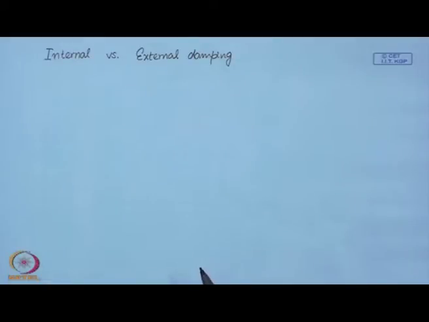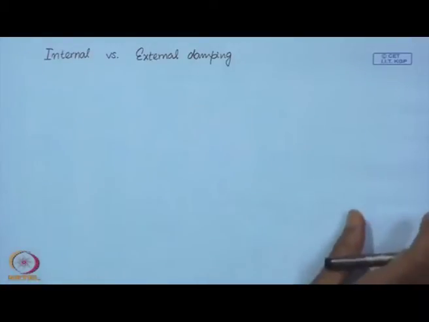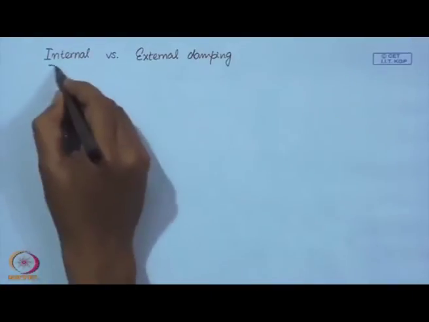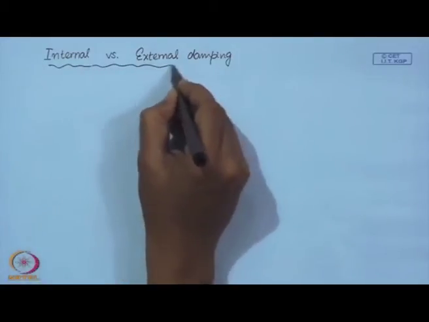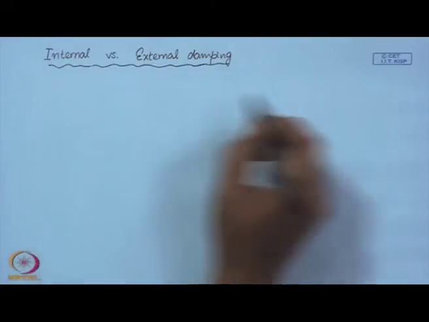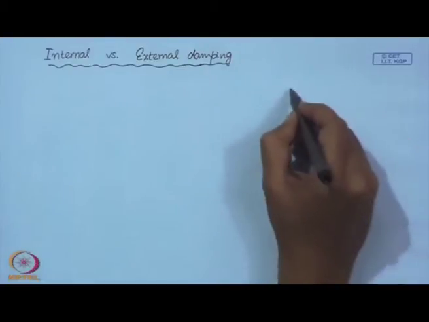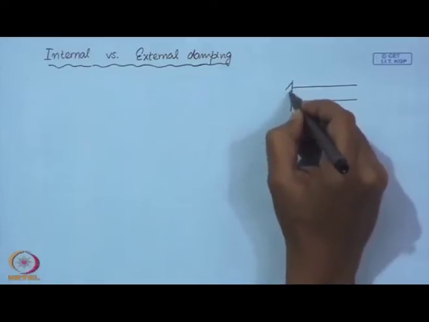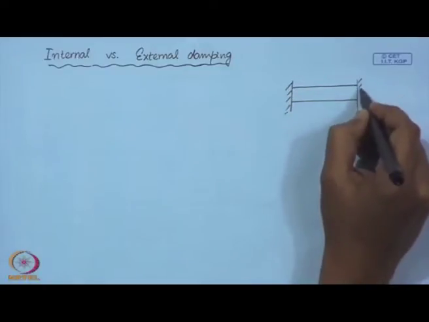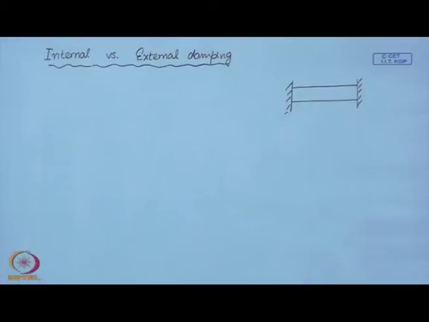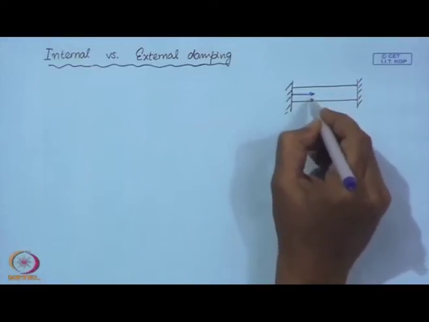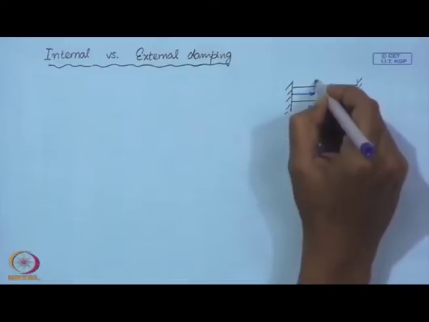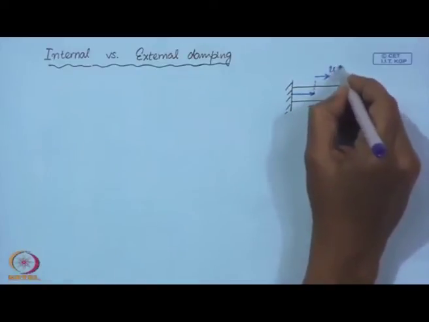So, let us see how they are actually a little different. We are going to look at the difference in roles of this internal and external damping. So, to understand this, let us consider this simple example of a fixed bar in axial vibration.